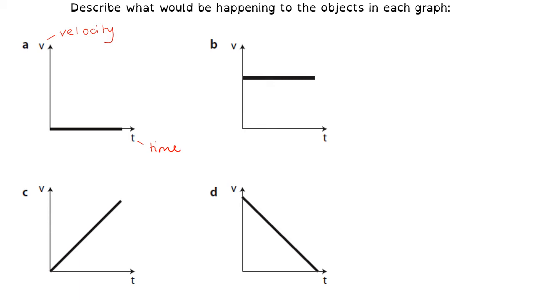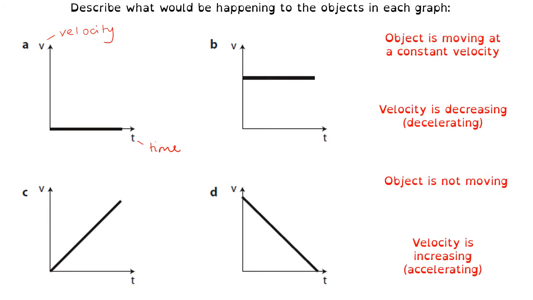Then sketch those in your book, copy the diagrams, make sure they're labelled A, B, C and D, and then match each graph to the description on the right hand side. You've got 4 descriptions and 4 graphs, so copy them into your book and match them up. Press pause and then play when you're done for me to go through the answers.